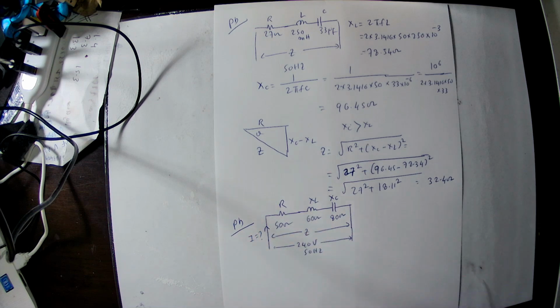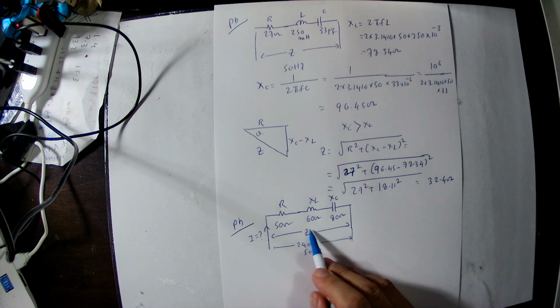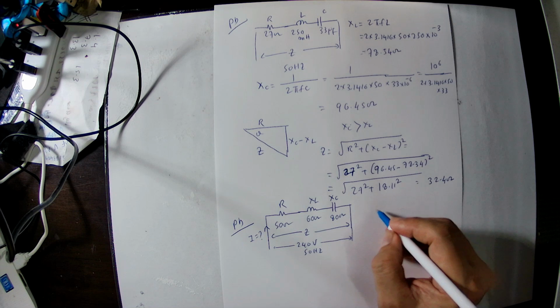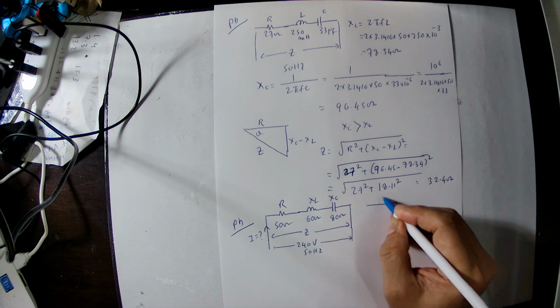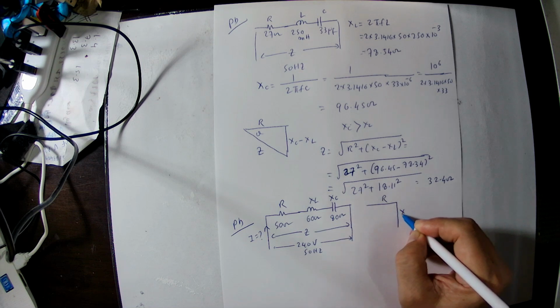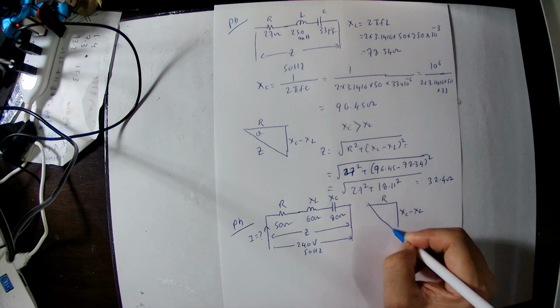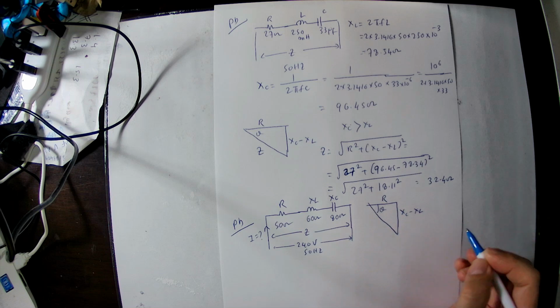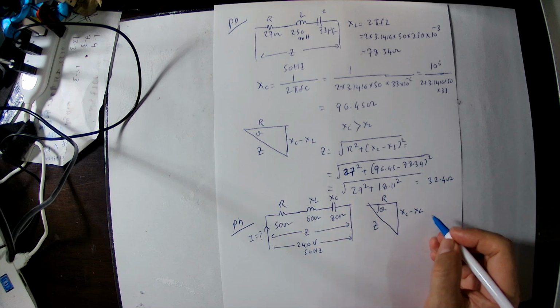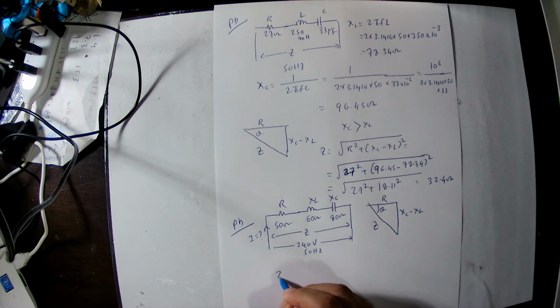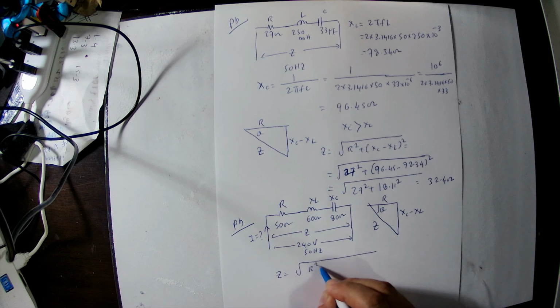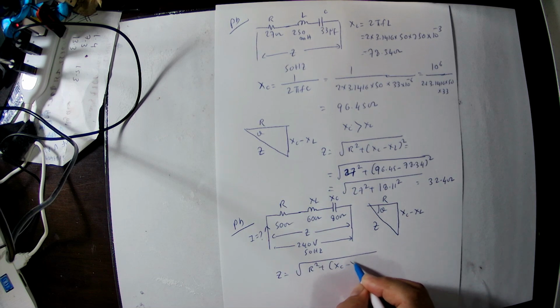In this problem, XC is greater than XL. So the impedance diagram we can draw like this. This is the resistance. This is XC minus XL. So angle theta. Here is Z. So write down the equation: Z equals square root of R squared plus XC minus XL, the whole squared.